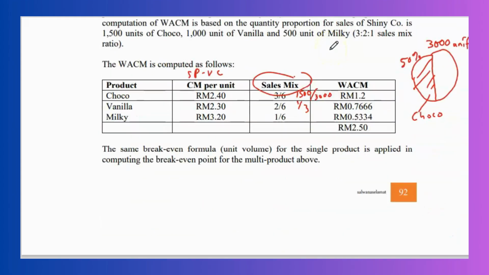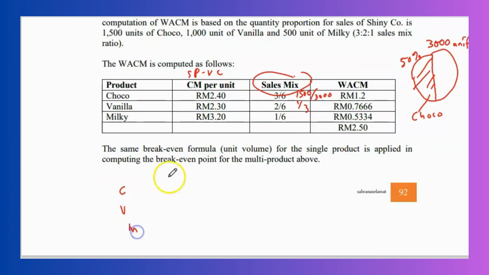Okay, so let me change this sales mix according to our calculation. You still get the same answer: cocoa, vanilla, and milky. The CM is equal to 2.4, 2.3, and 3.2.